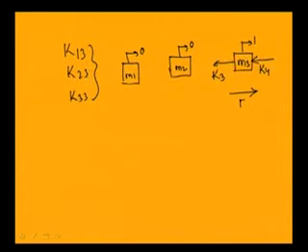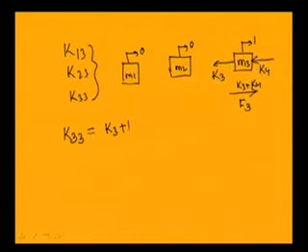So, this is the force F3, equal to K3 plus K4. This force is required to have unit displacement at 3. So, this is K33, the force required at 3 to have unit displacement at 3, equal to K3 plus K4.